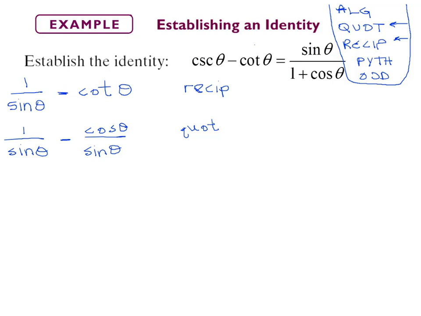Yeah, and I can do that because I have a common denominator, so I get 1 minus cosine theta over sine theta. And which of those rules do you think would work for this? What allows me to combine those?